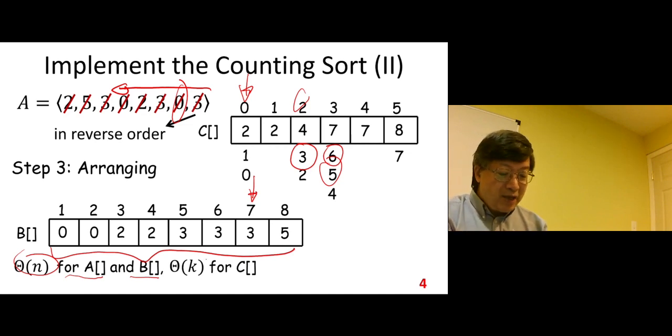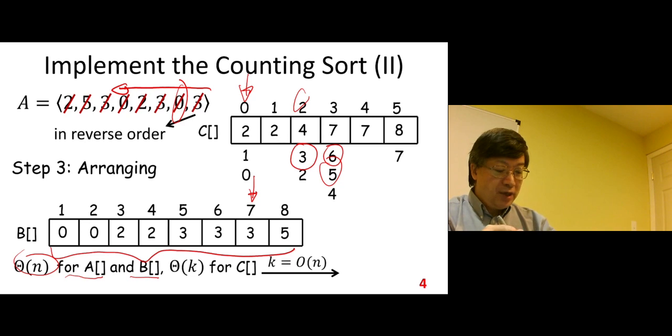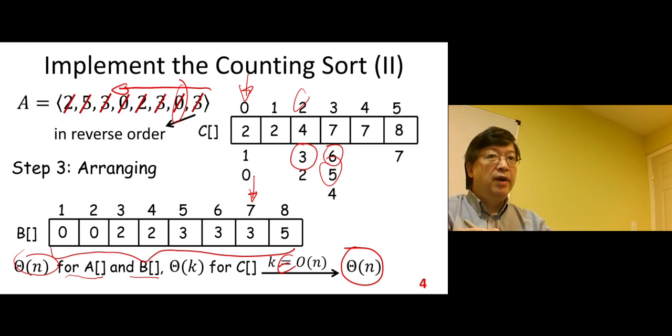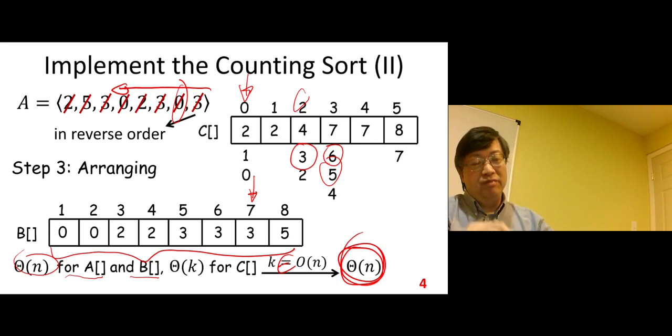Because K is in big O of n, this C array processing is also big theta of n. So putting everything together, the final overall efficiency is still big theta of n. So it is very efficient. We get a very good solution for this special type of data.